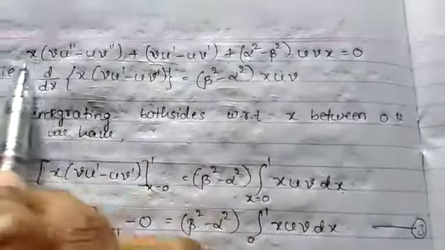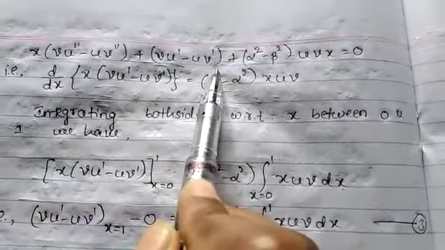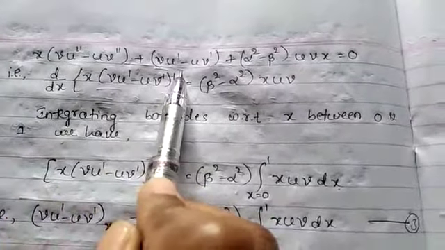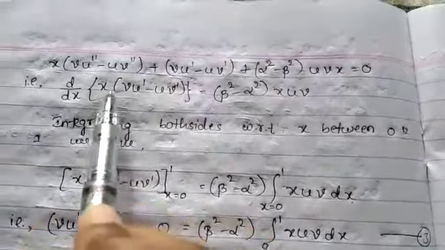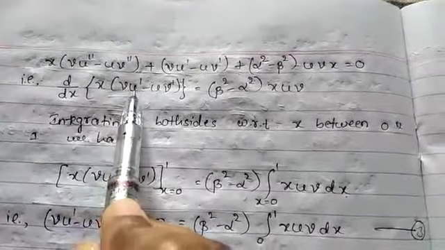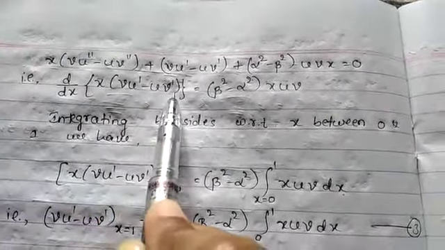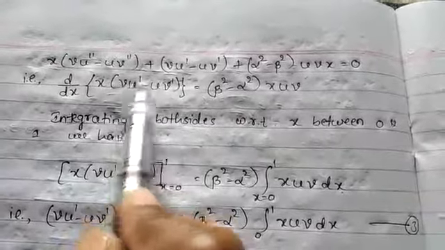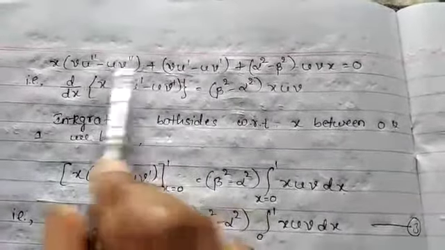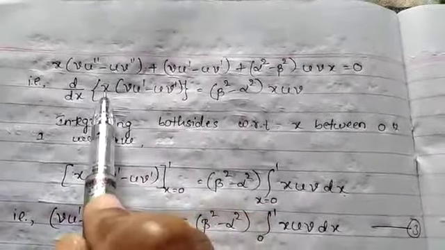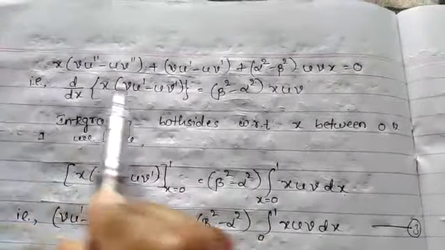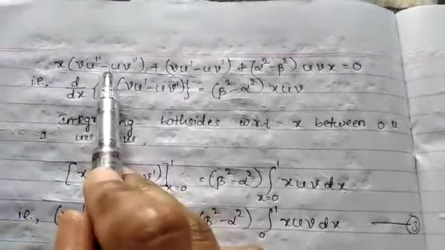See here, these two terms are the derivative of x into v u dash minus u v dash. If we differentiate this, first keep x as a constant, then differentiate, we obtain this.